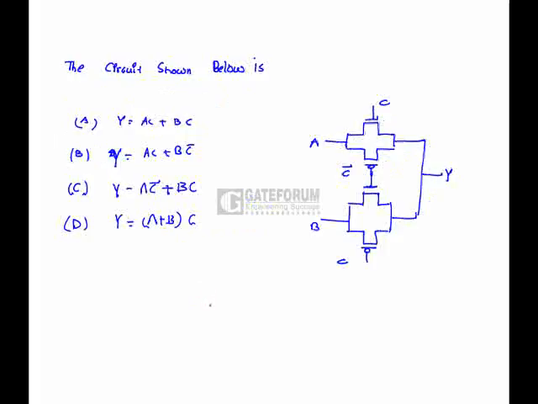Here the question is, for the circuit shown below, we have to find out the output expression in terms of ABC. Here, in general, the transmission gate, suppose this is taken.